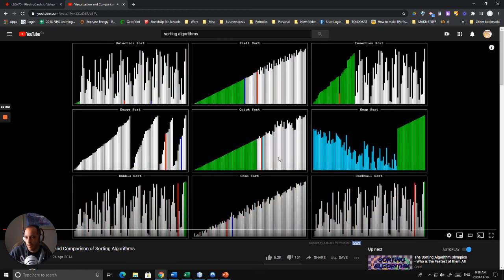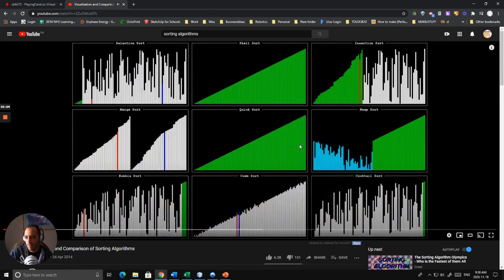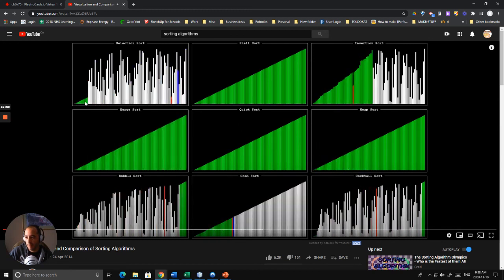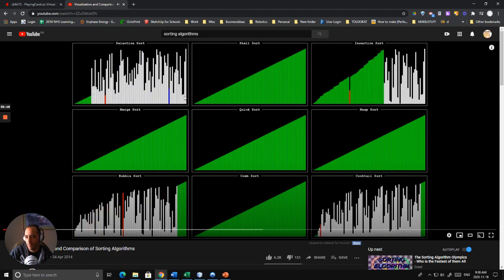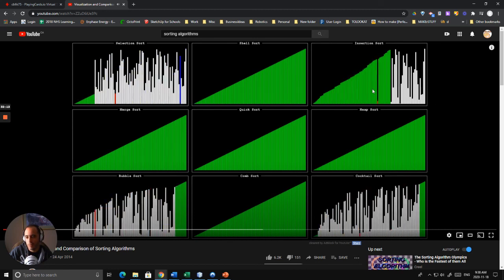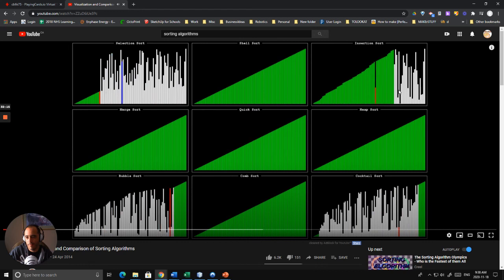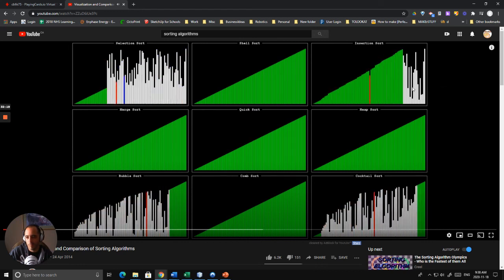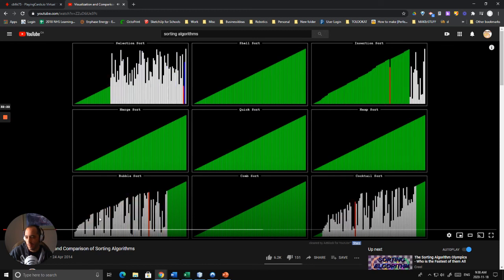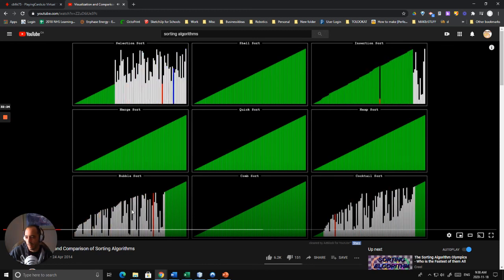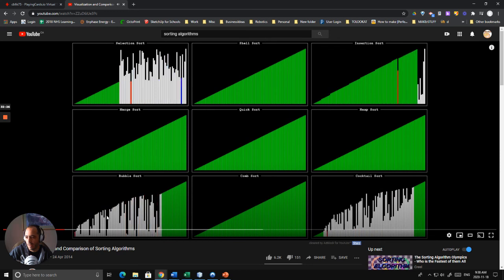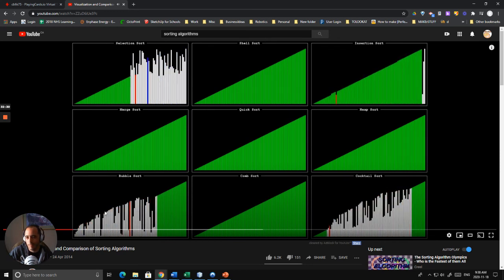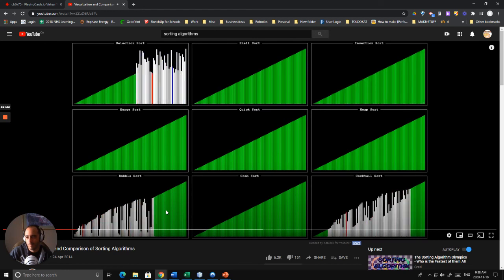So merge sort's doing awesome. Quick sort's pretty much done. The selection sort is starting at the bottom and slowly building one by one. Insertion sort is taking this item and finding its correct spot. And when it finds the correct spot, it stops and moves over. The bubble sort, you can see little swaps going on as it comes through, and it's always rising the largest item up to the top.